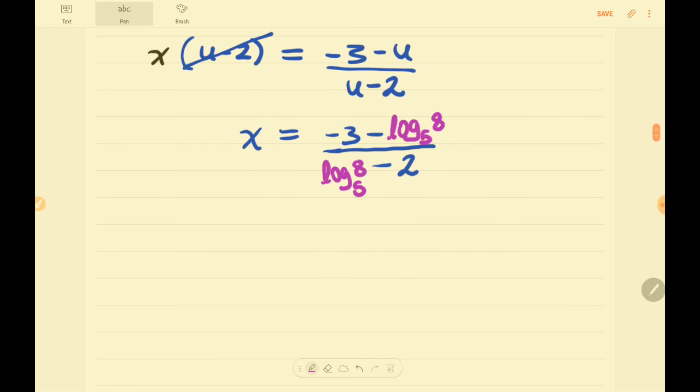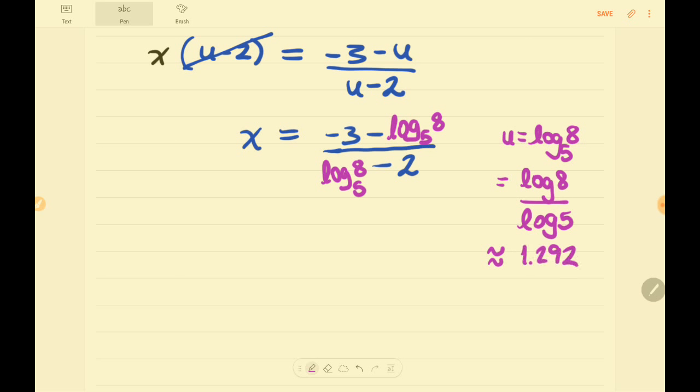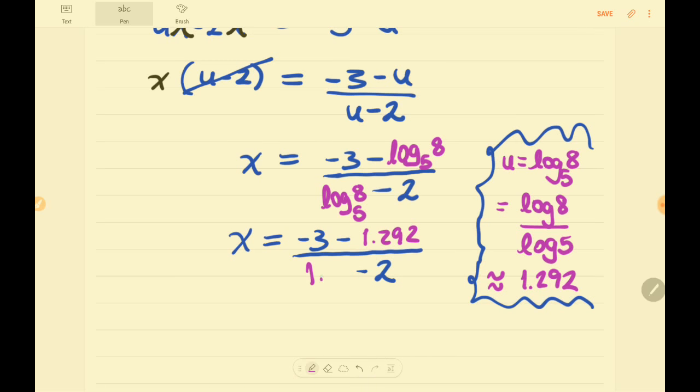So U, which is the log base 5 of 8, if I evaluate that using the change of base formula, it's equal to approximately 1.292. Now there's a lot more decimals that come after that, so I'm just going to use 1.292.